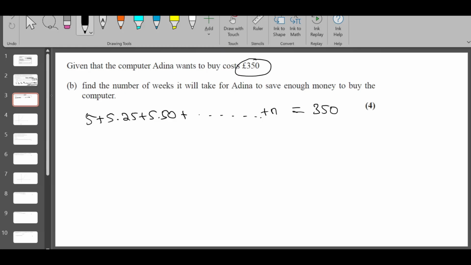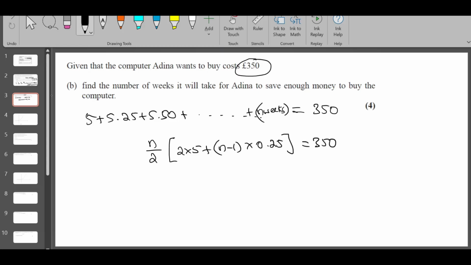So we need to find the value of n. Use the formula for the sum of n terms, n over 2 times 2a plus n minus 1 times the common difference, is 350. And we need to frame a quadratic equation and solve it.